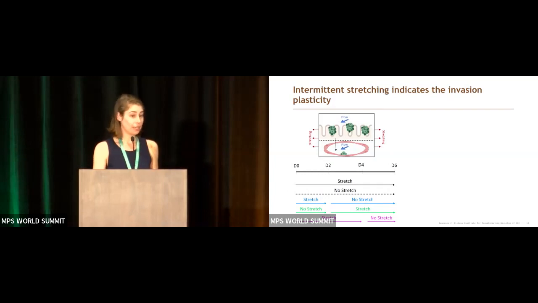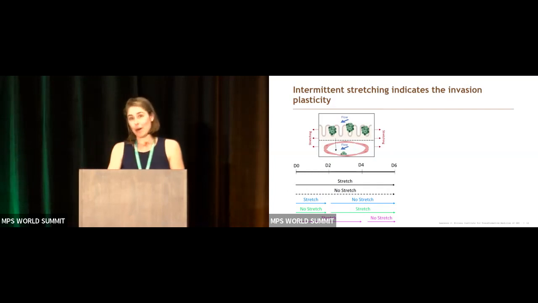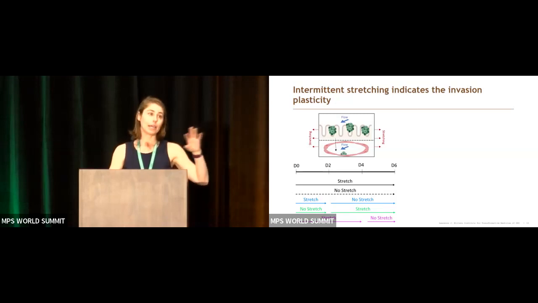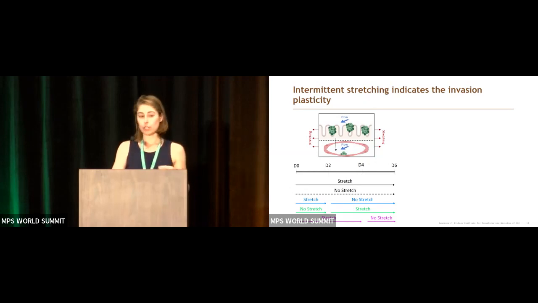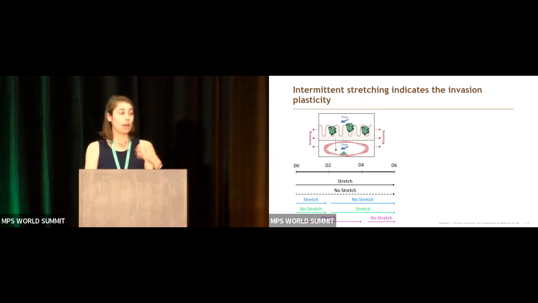One of the cool things about the peristalsis abilities with this particular chip is that you can apply the stretching and remove it over the course of the experiment. So we set up different perturbations that start and stop at various times. We could have stretching applied for 2 days and then remove this peristaltic motion, and we can have the reverse.